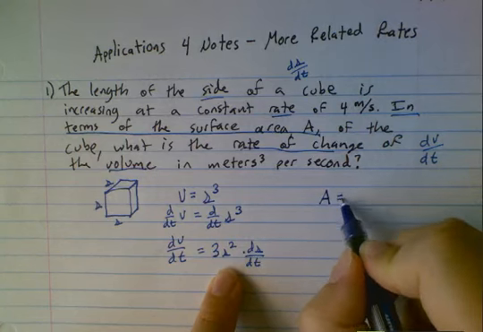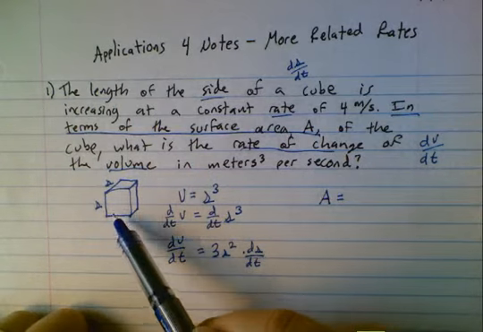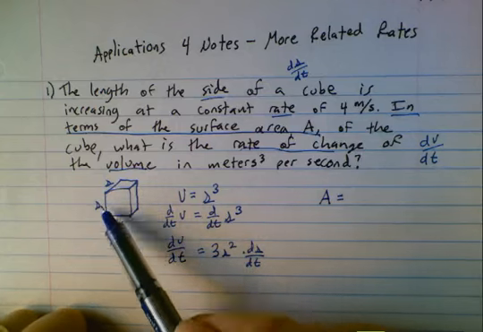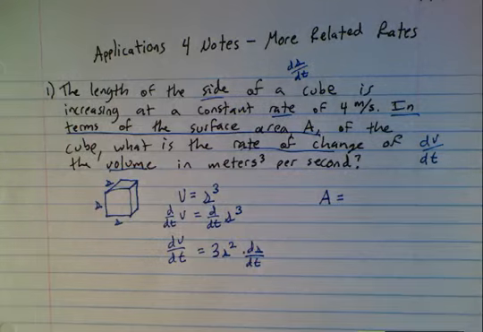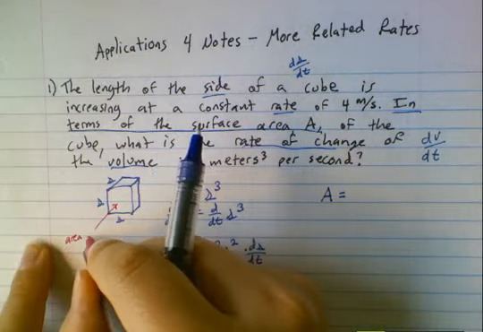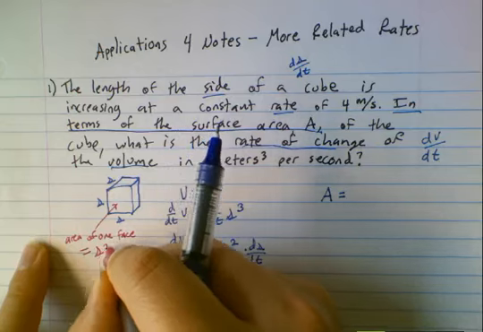So surface area of a cube, let's see, if we take a cube, imagine like a dice or something, or a die, it has 6 faces, and each of those faces is a square. So the area of one face is s squared.